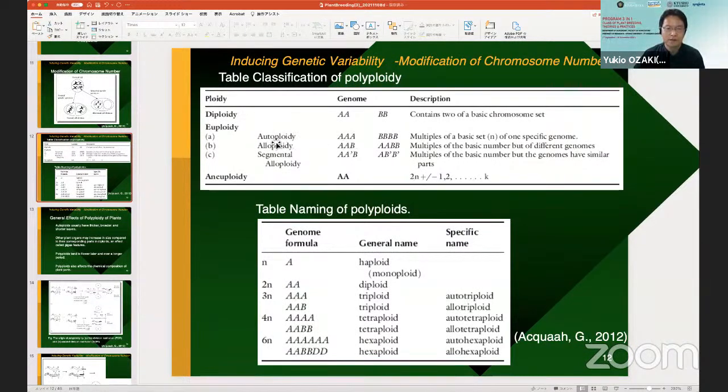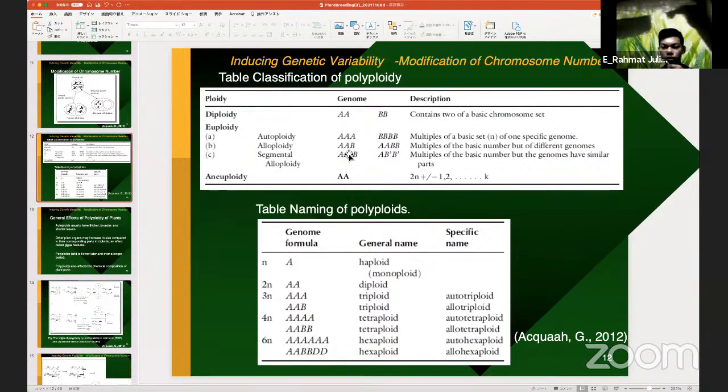In this case, we call it autoploidy. And in this type, there are two or more constitutions of the genomes. It is called alloploidy. Is it okay?